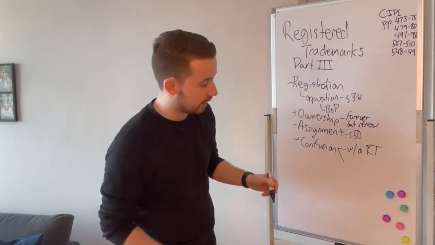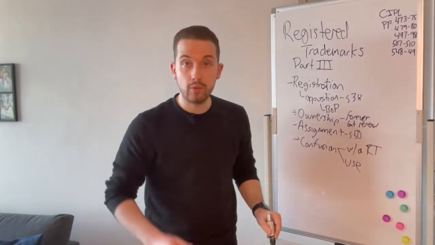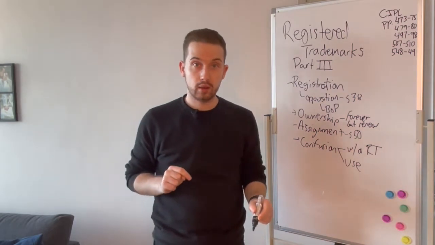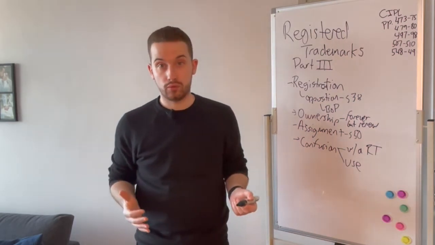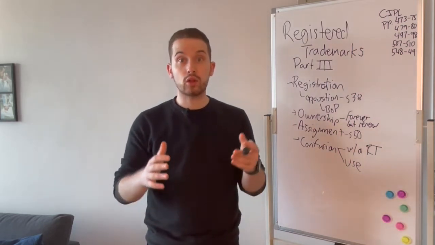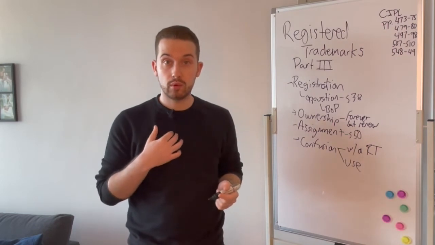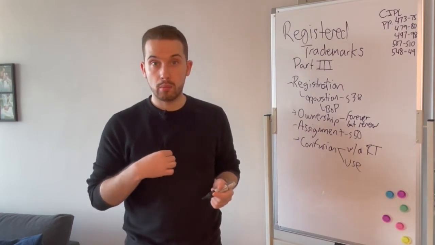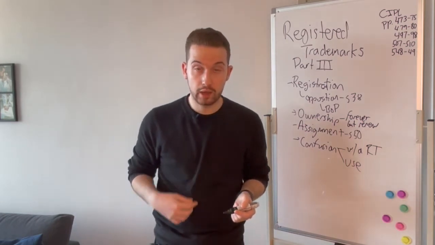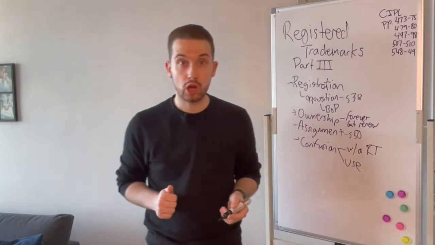The second thing can be in the use. So it might well be that what the competitor is using is not always confusing. For instance, as we said, if I start the Snickers restaurant, then it's the same name, right? But it might not be confusing. And why is that? Because it's a restaurant versus a chocolate bar.